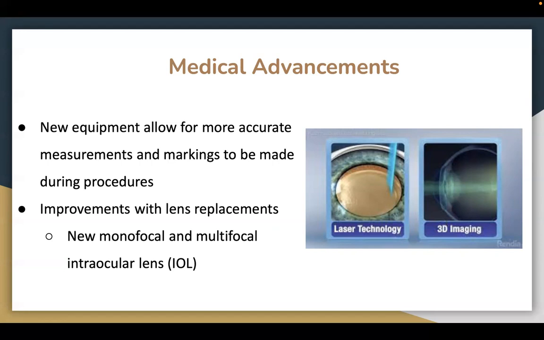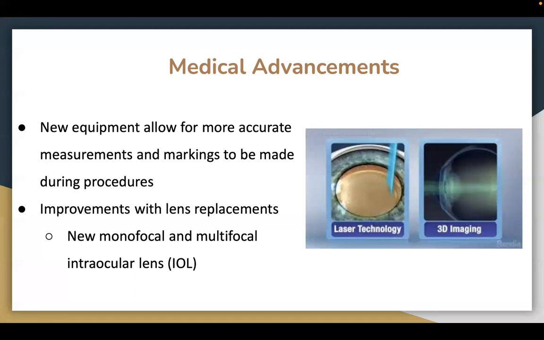The new advancements being made with them involve two different types. The first being monofocal, and that focuses around improved distance vision. So that significantly allows you to see at farther lengths.